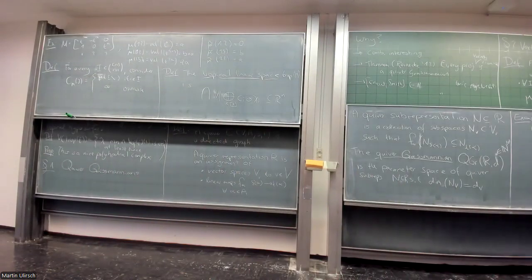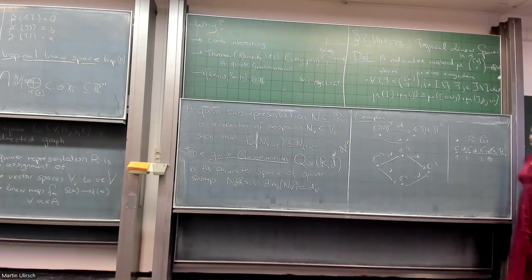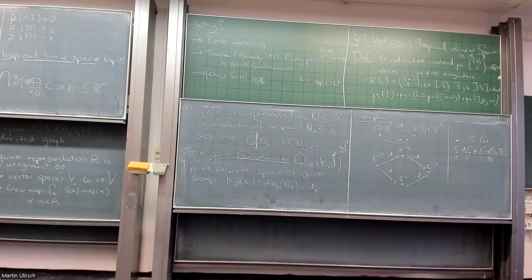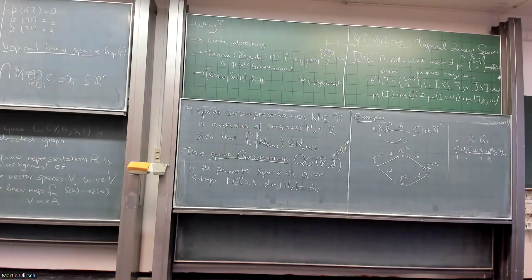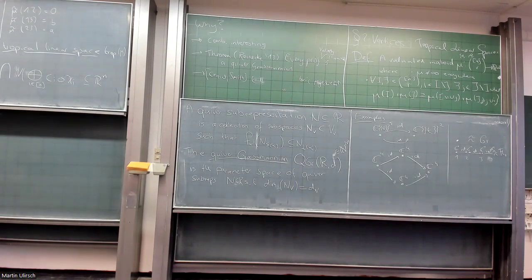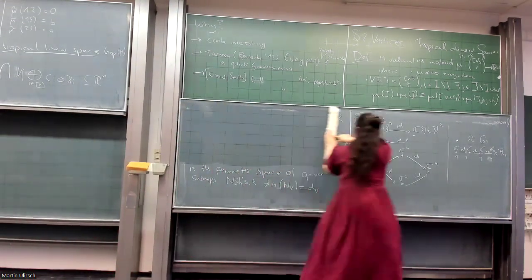So let's consider this for our example. We can already compute this while I clean the board. In our example, there's only one subset of 1 to 3 of size 3, namely the set 1 to 3.